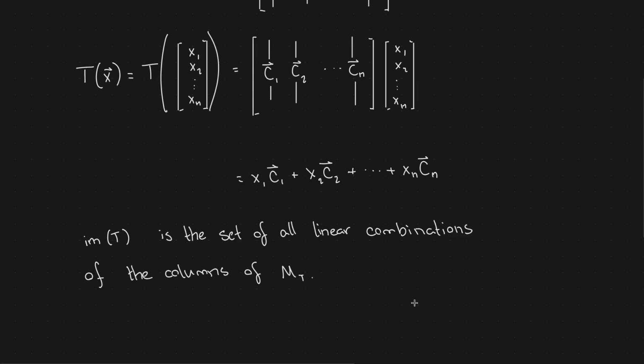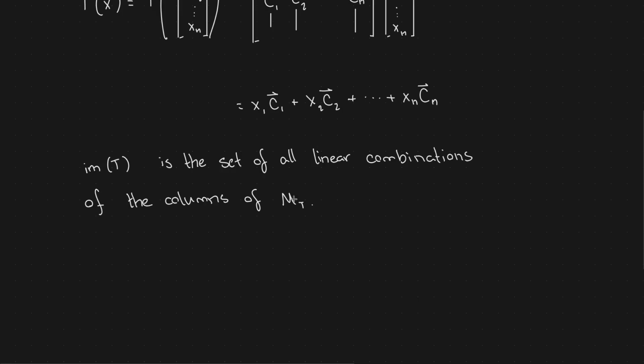What do we call the set of all linear combinations of the columns of a matrix? That's the column space.